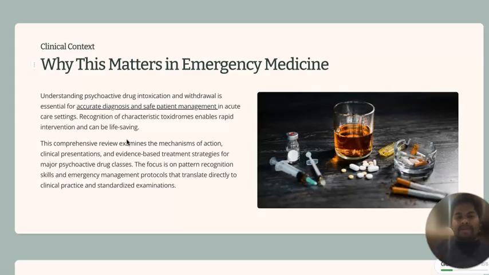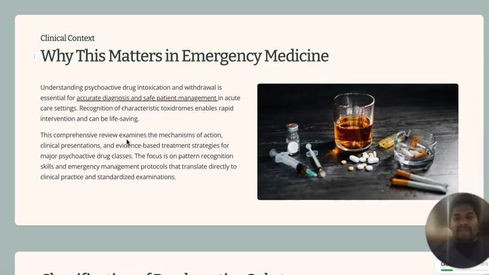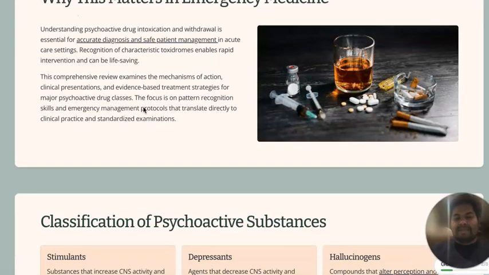We will try to understand the different stimulants and hallucinogens, their mechanism of action, their effects, as well as withdrawal effects, how we manage each of them, and also some exam tips. We have to understand their presentation so that we can make an accurate diagnosis and plan accordingly for the safe management of the patients.